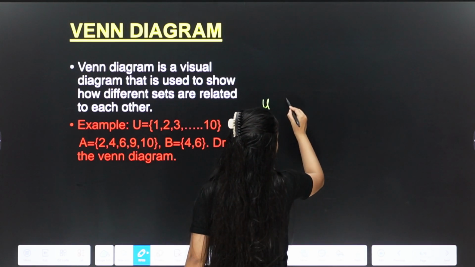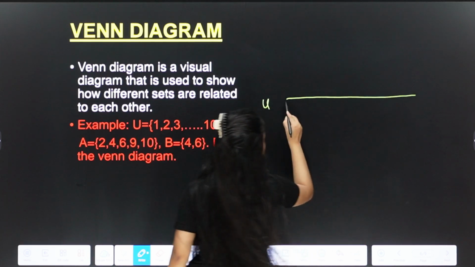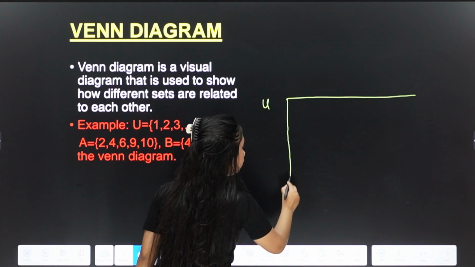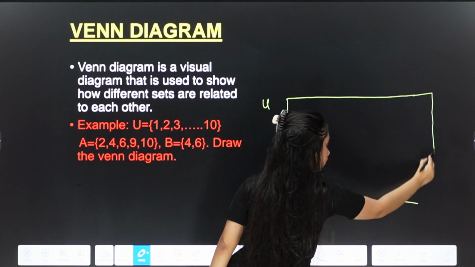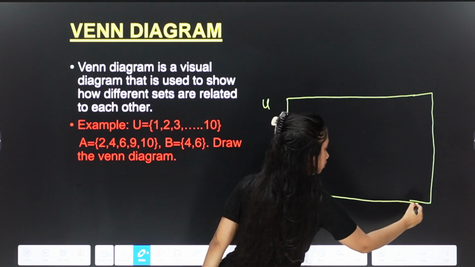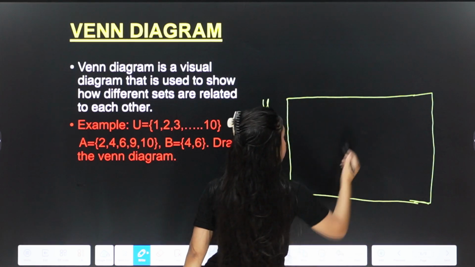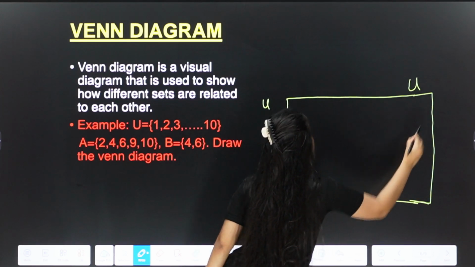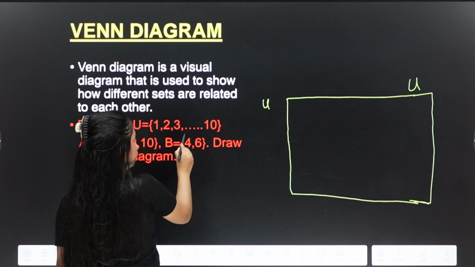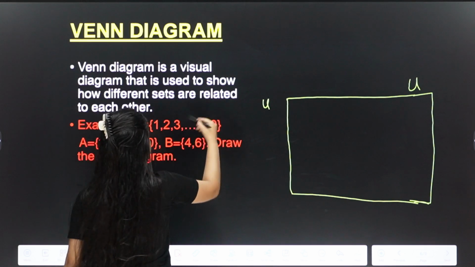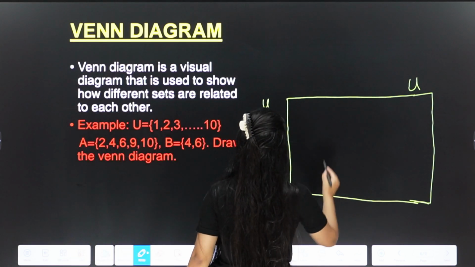So we will first draw the U. That is the universal set. This is the universal set. And the set consists of 1, 2, 3, 4 up to 10 points, and we will write it first.